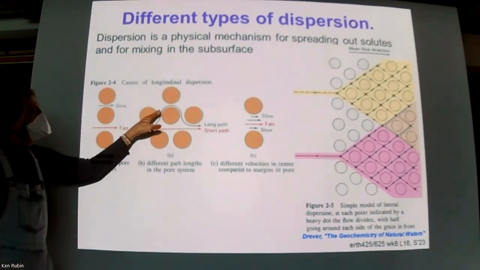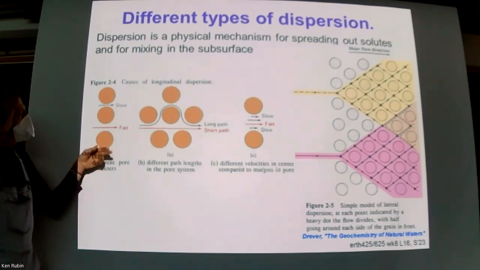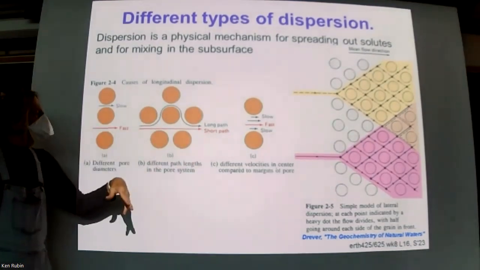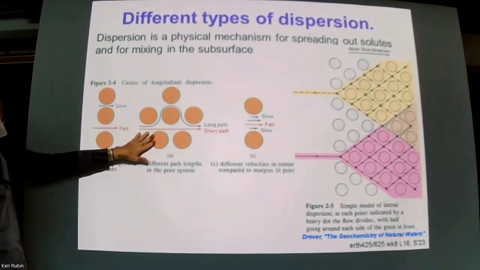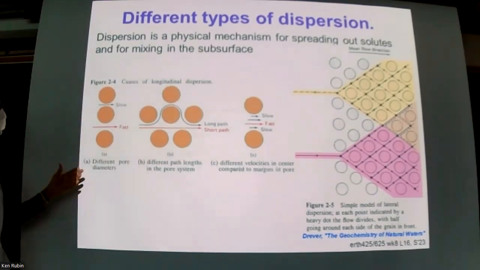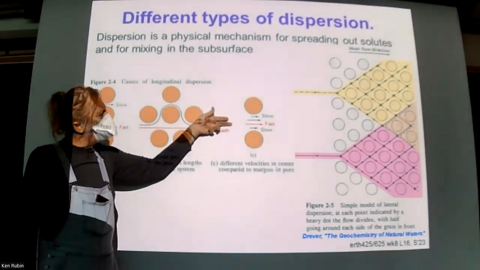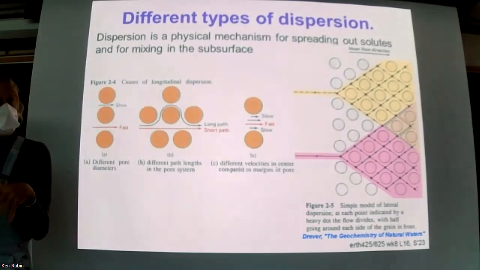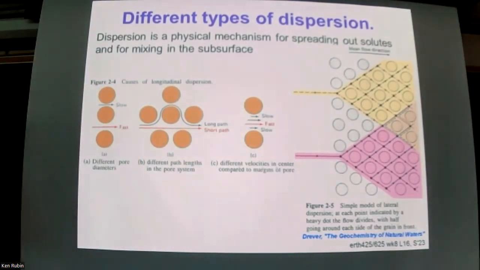You can also have this long and short path, which is what I talked about last time, where water can take more time to flow through. And so therefore, these are the kinds of things that cause variations like we saw in the last slide. And if your pore spaces are big enough, you can actually have areas of preferred flow in between the grains, and closer to the grain, friction starts to take over and the water doesn't flow as quickly.